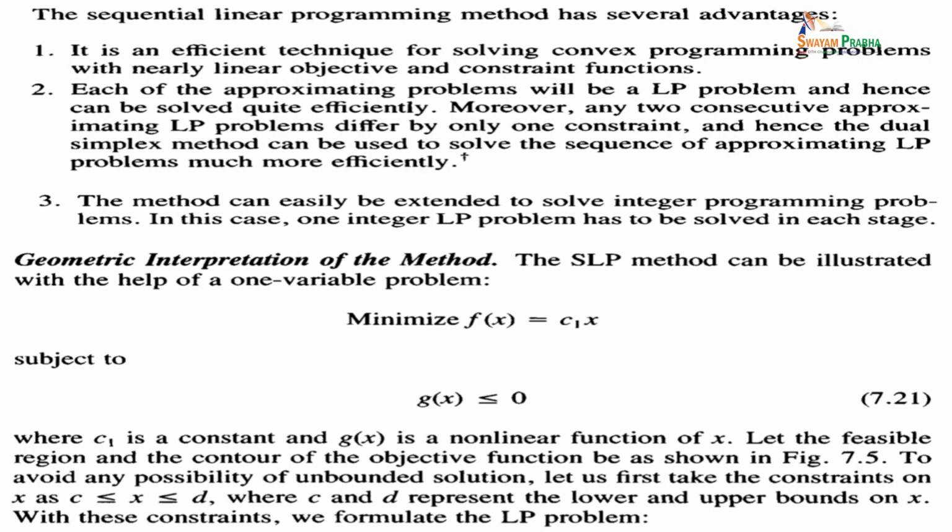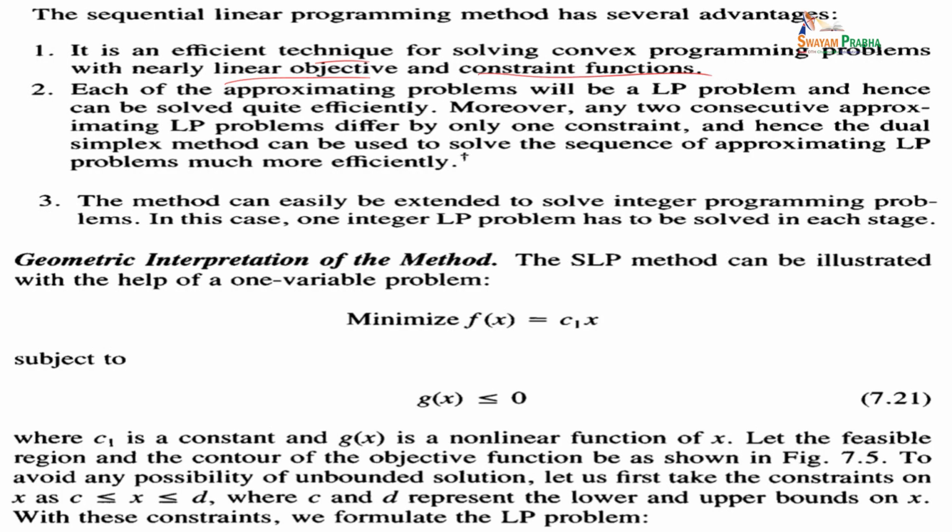Sequential linear programming has several advantages. It is an efficient technique for solving complex convex programming problems with nearly linear objective and constraint functions. The next advantage is that the problem is an LP problem and hence can be solved quite efficiently.